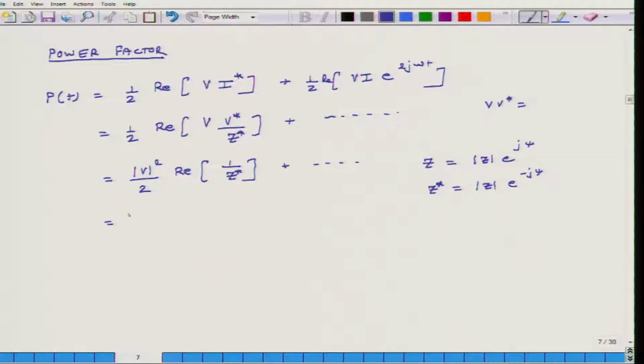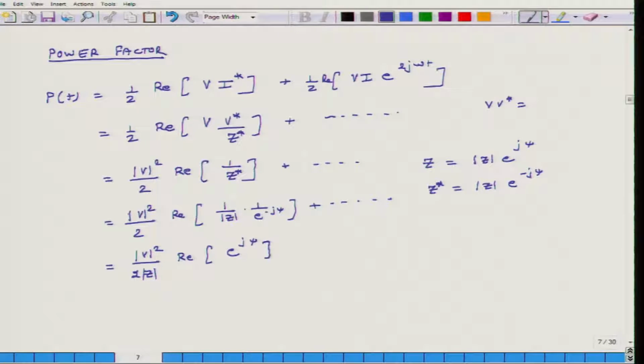So, I can rewrite the expression for power as modulus of V whole square divided by 2 times real of 1 over modulus of Z times 1 over e to the power of minus j psi, plus the remaining parts. So, this is equal to V square by 2Z times real of e to the power of j psi, plus all other parts.